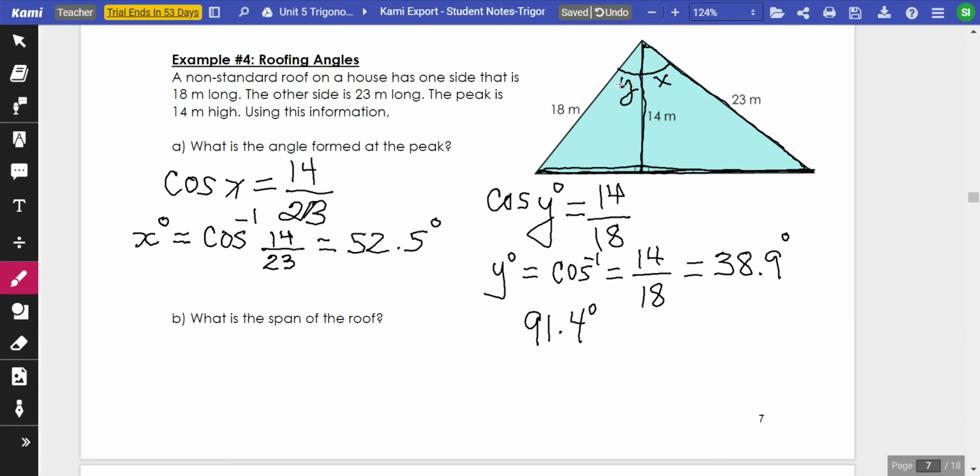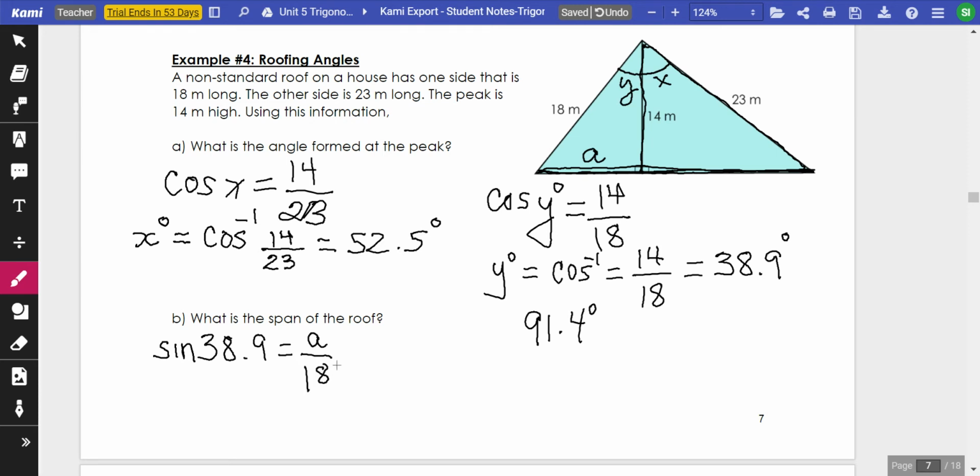So angle y was 38.9. And we're looking for down here, so I'll call this A. So from 38.9, this angle up here, A is the opposite side, and we know the hypotenuse at 18, so that's the sine function. So sine 38.9 equals opposite side, A, over hypotenuse, 18.